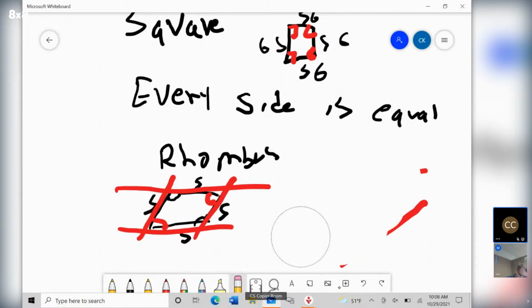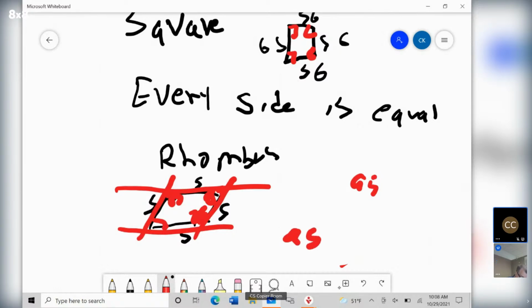How you can tell, a lot of times, this might say right in here, let's say it says 85, and that one was 85, and this one might be 95 and 95, the opposite angles. So if this one's 95, the bottom one's 95, this one would be 85, and that one would be 85. You could tell by the angles how you define a rhombus, because the opposite angles are going to be equal.